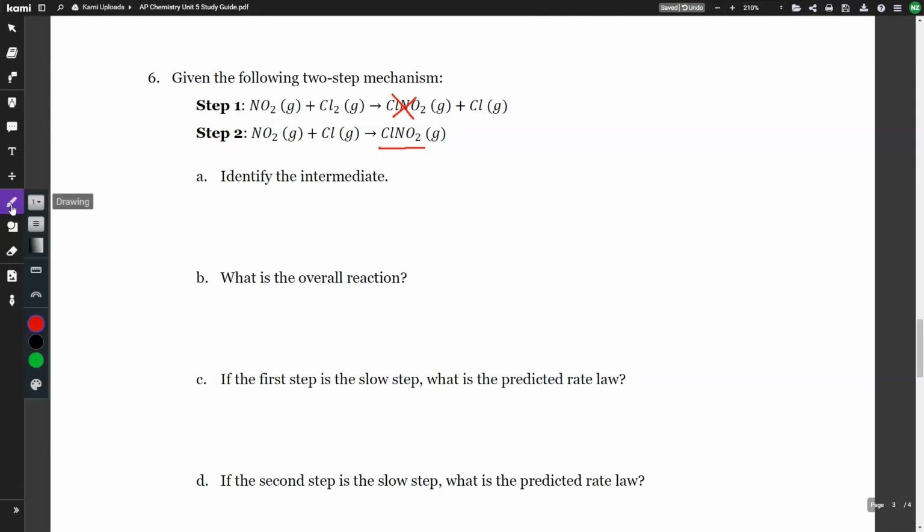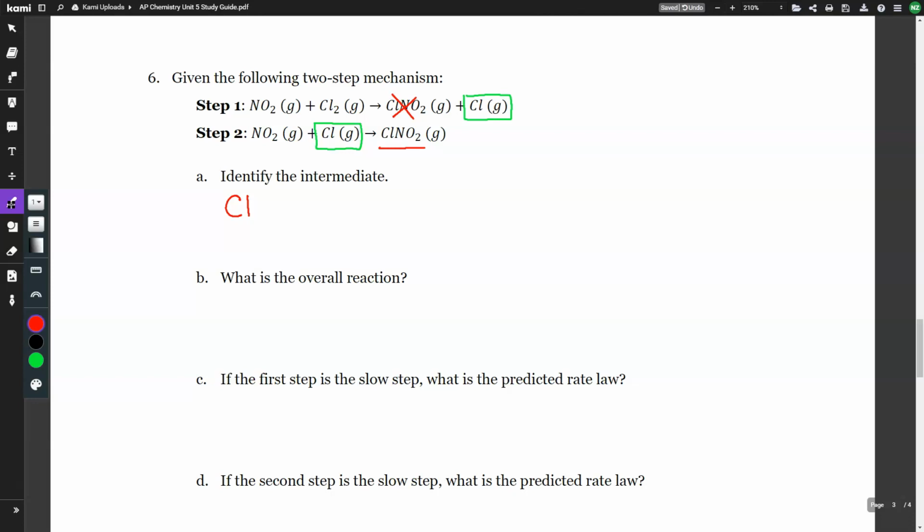Now chlorine shows up as a product in our first step, and then chlorine also shows up as a reactant in our second step. So the chlorine is produced in the first step, and then it's consumed in the second step. So that is the definition of an intermediate. So our answer would be chlorine.